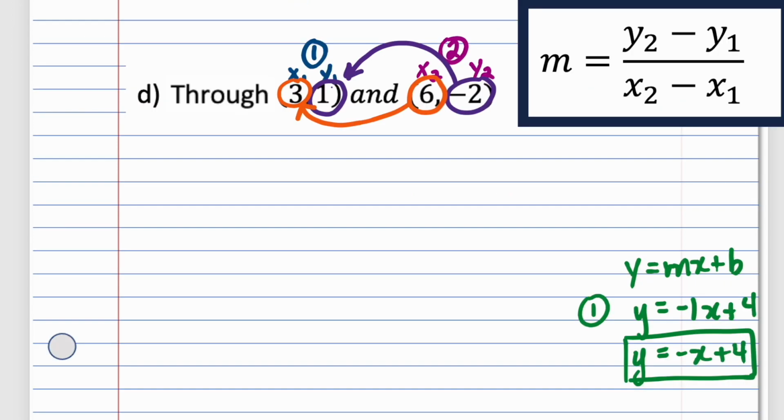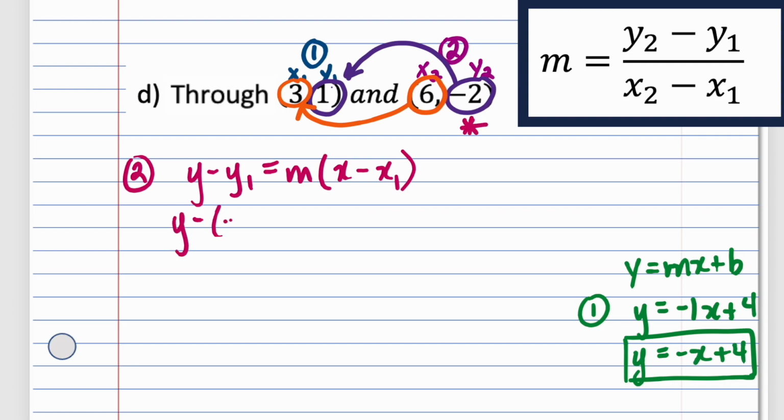Are we able to get that equation in a different way? We'll use the point-slope form. Y minus y1 is equal to m bracket x minus x1. This time, let's use the second point. Y minus negative 2 is equal to, the slope was -1, and the x minus 6, the x value.